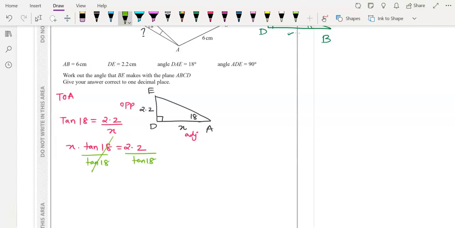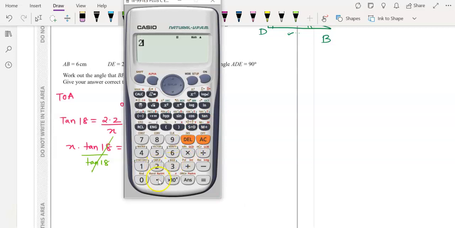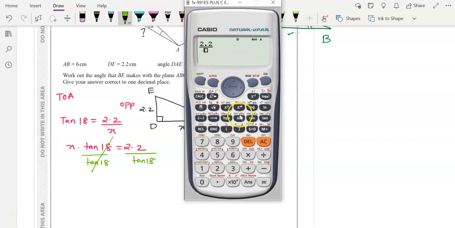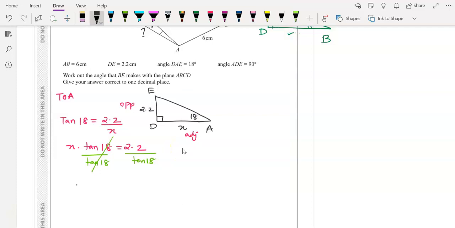This gets cancelled. So 2.2 over tan of 18. That gives me 6.7709, that is 6.77. So the value of x is 6.77. Now I know length AD is 6.77.